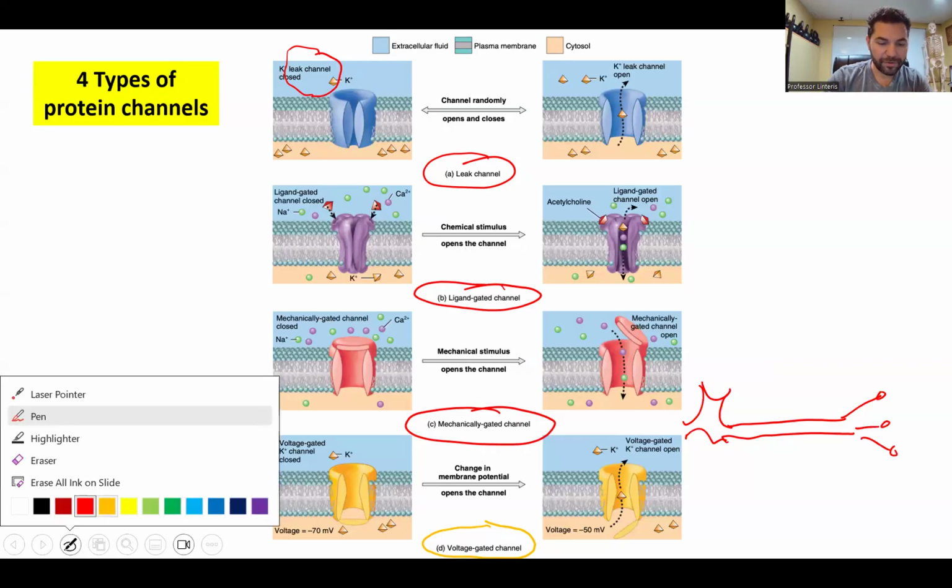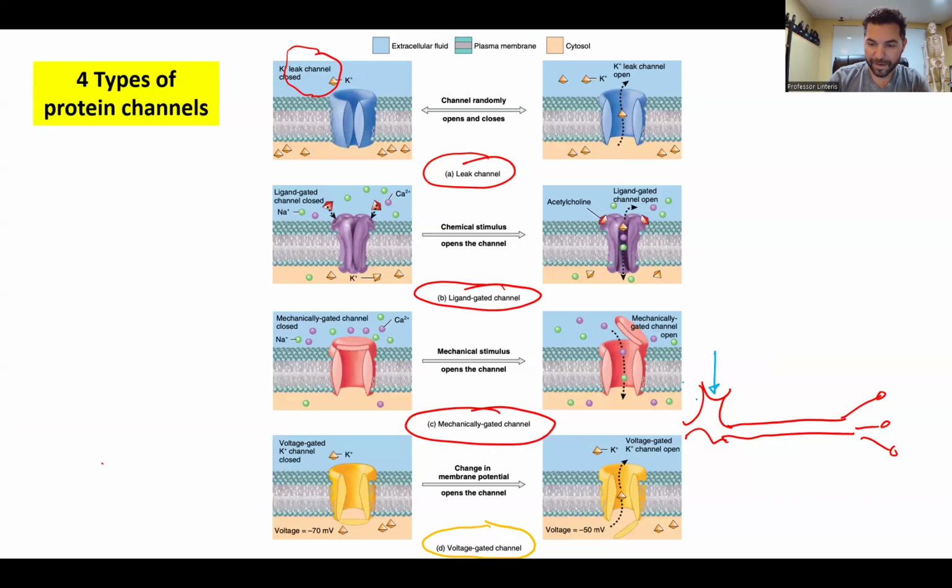All of those graded potentials I talked about so far are over here, over here, over here. But once that message gets started, these voltage-gated ion channels are what open up along the length of that axon. As the charge changes, a channel opens, positives come in, opens the next channel, positives come in, opens the next channel, positives come in, and we'll see a picture in a little bit.